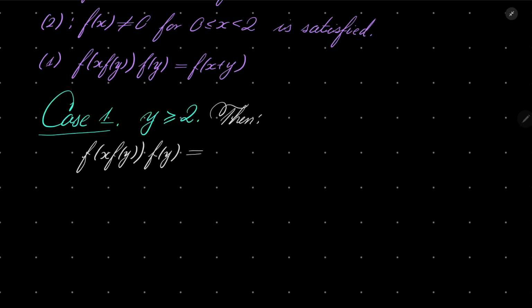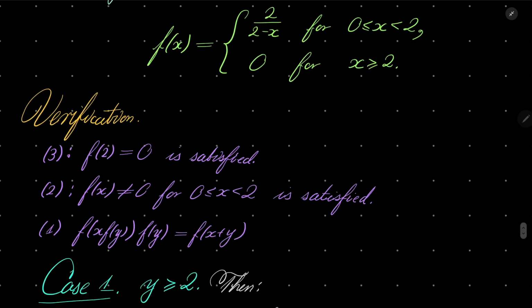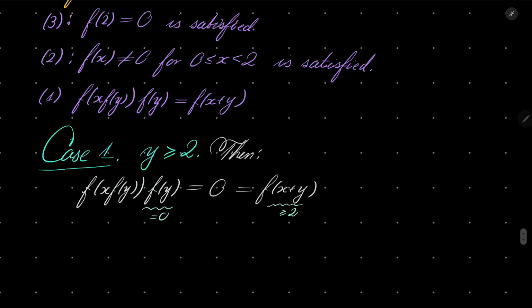Well, this part vanishes. It's 0. On the left-hand side, we have 0. And on the right-hand side, we also have 0. Well, why is that? Because the argument of this function is greater than or equal to 2. And for arguments greater than or equal to 2, our function is 0. So there is no problem there.